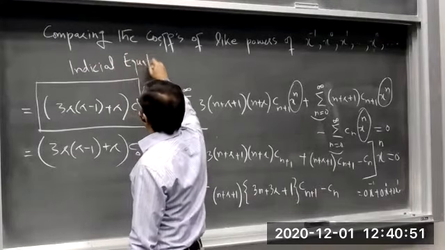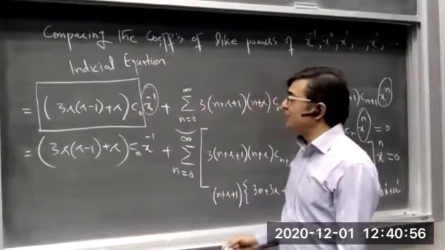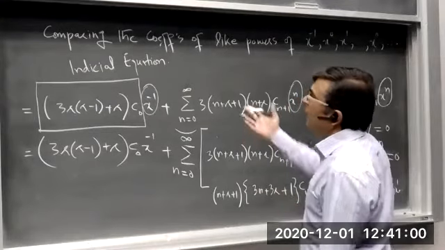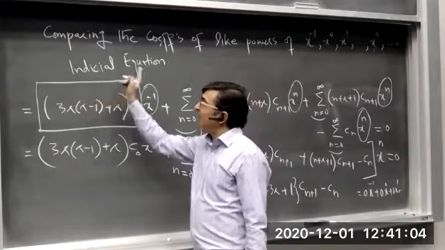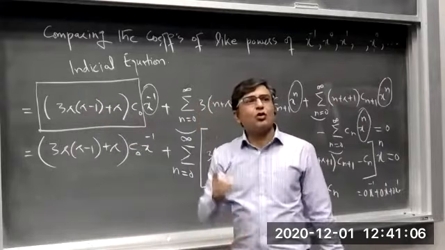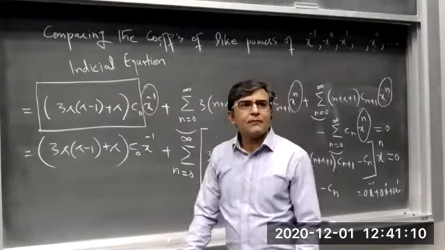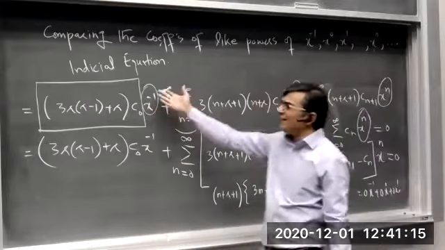We can always obtain this kind of algebraic equation in the power series method. Remember that the initial equation is always the coefficient of the lowest power of x. And the lowest power of x in all this expression is x power minus 1.